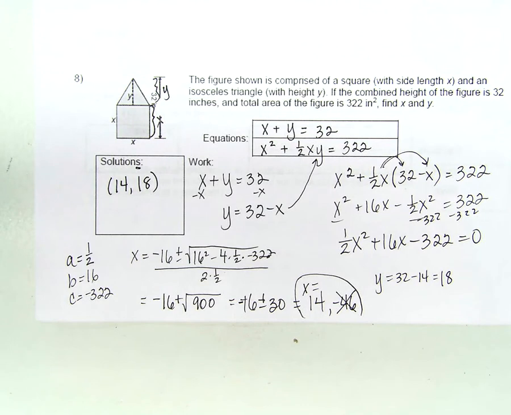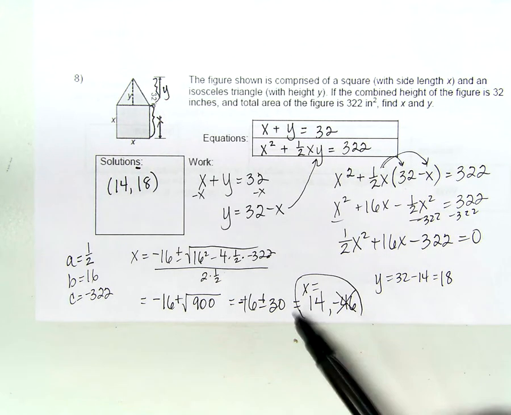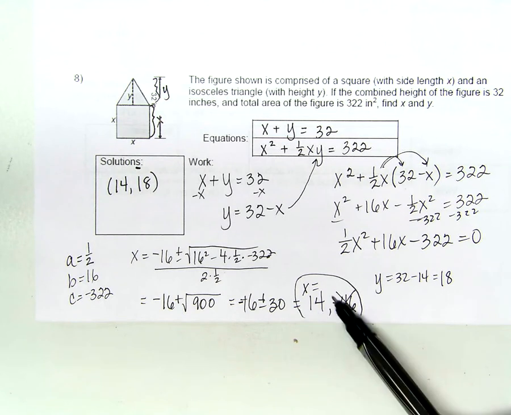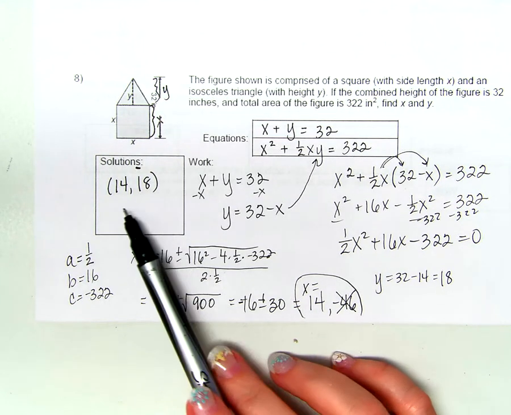Doesn't it imply that there's another solution? How many solutions are there? Just one. We did all of our work correctly. We found 2 x values, but only one of them really could be possible. We only have one solution.